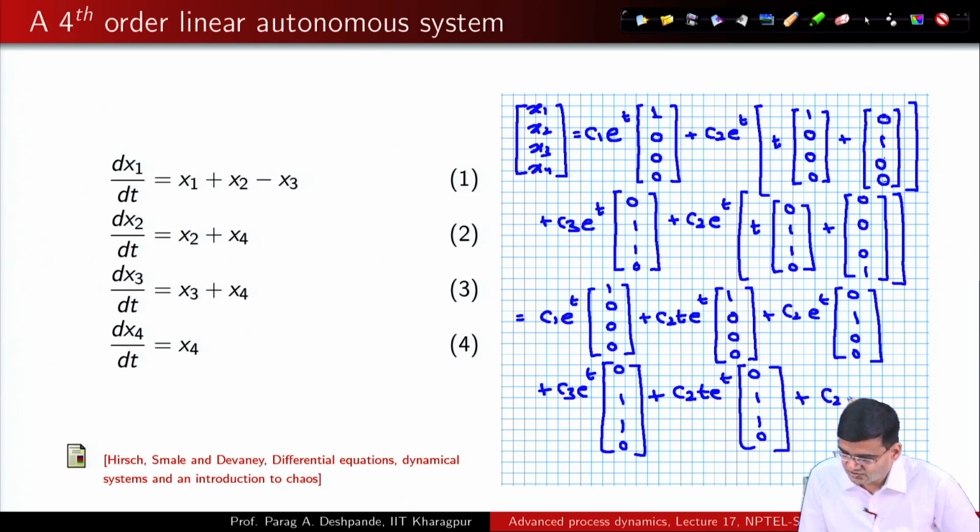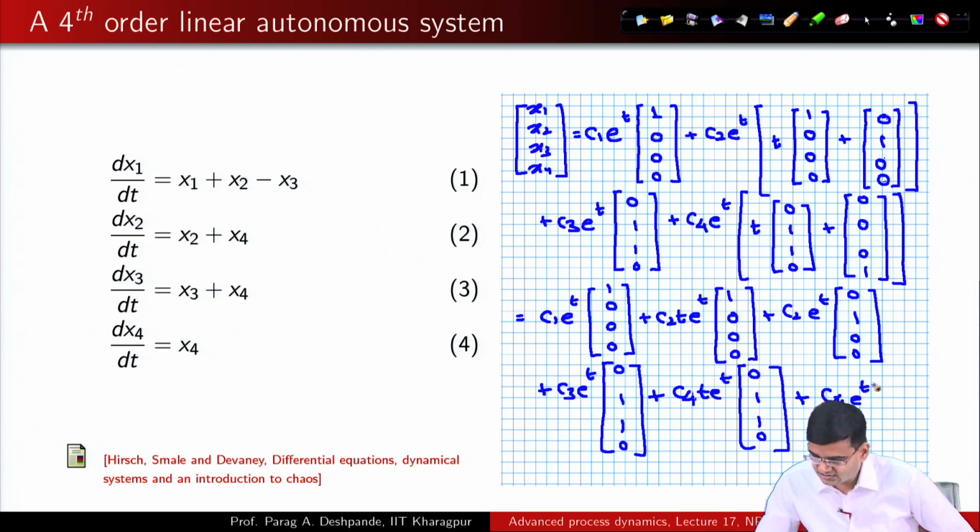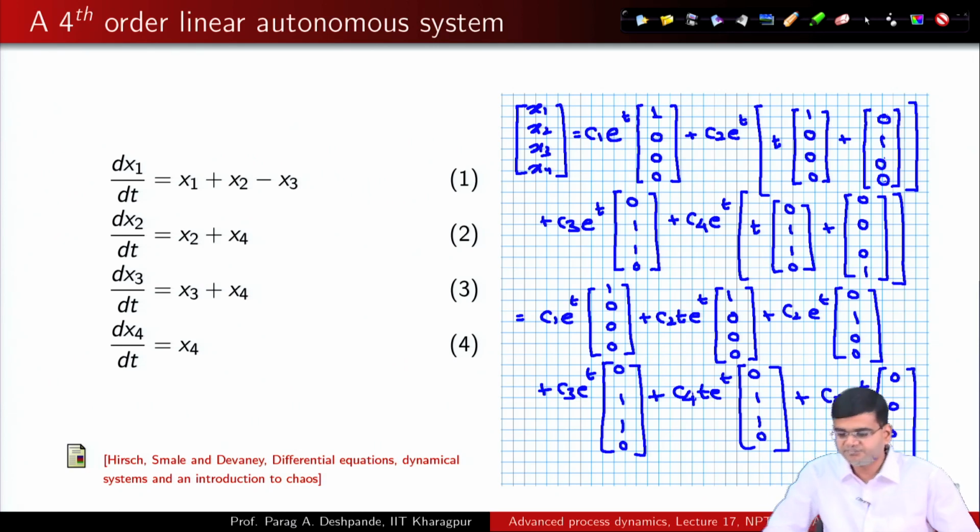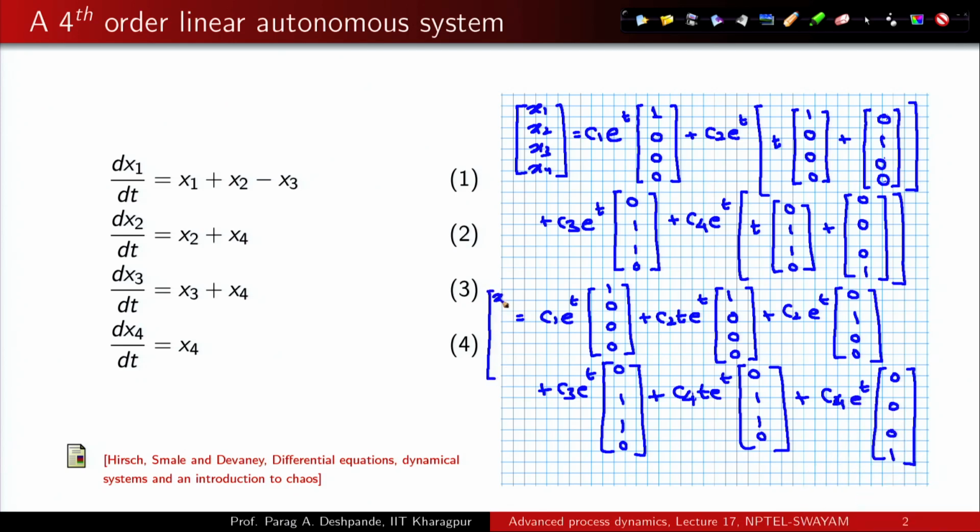Okay. There is one problem with this index: this should be C4, and therefore here you should have C4 e to the power t 0 0 0 1. Fine. So, this is the expression for x1, x2, x3, x4.